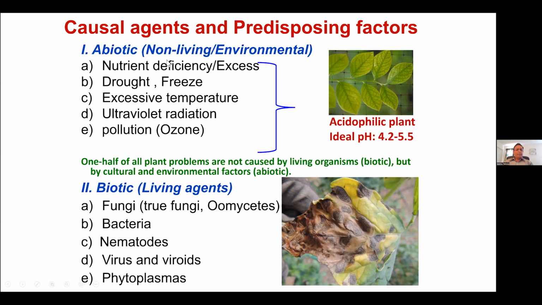If you have too much nutrient, that can also cause problems. Obviously, if you have less nutrient, you will see deficiency symptoms on the plant. And other environmental factors like drought, freezing, excessive temperature, ultraviolet radiation, pollution. These are some common examples of environmental factors that can cause injury to plants.